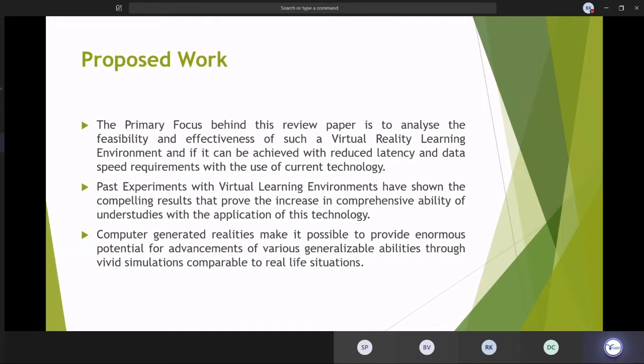This also proves computer-generated realities, or virtual reality, can make it possible to provide enormous potential for all users for various advancement in technologies and general abilities through vivid simulations that are mostly comparable to various real-life situations, and the effectiveness increases with the increase in highly effective realism.